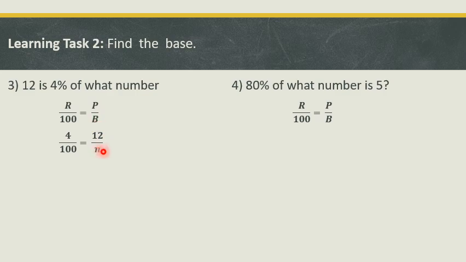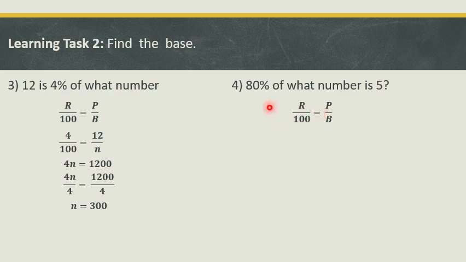So, N. Cross multiply. 4 times N is 4N. 100 times 12 is 1,200. Then, divide both sides by 4. Kasi yun yung katabi ng N. 4N divided by 4 is N. 1,200 divided by 4 is 300. So, 4% ng 300 is 12.